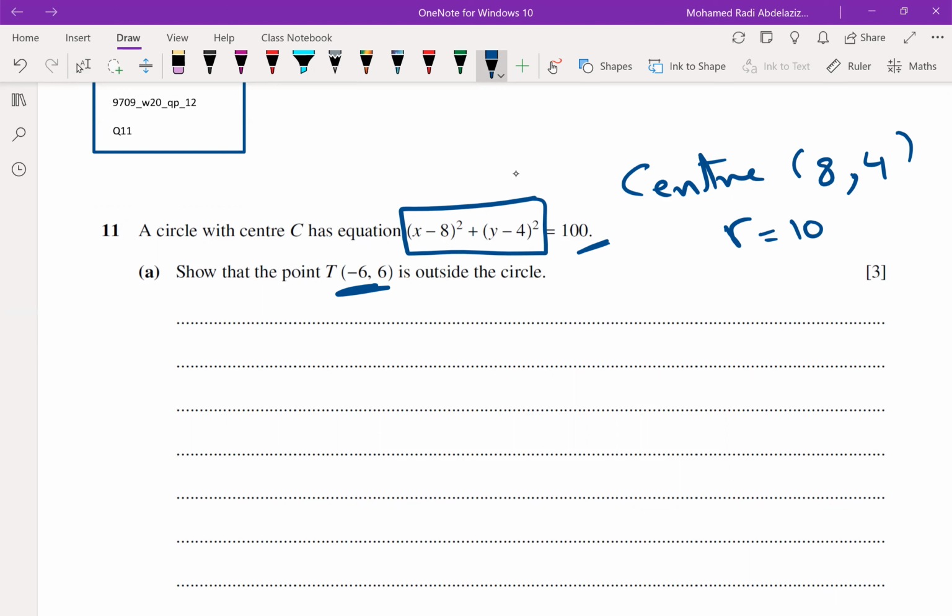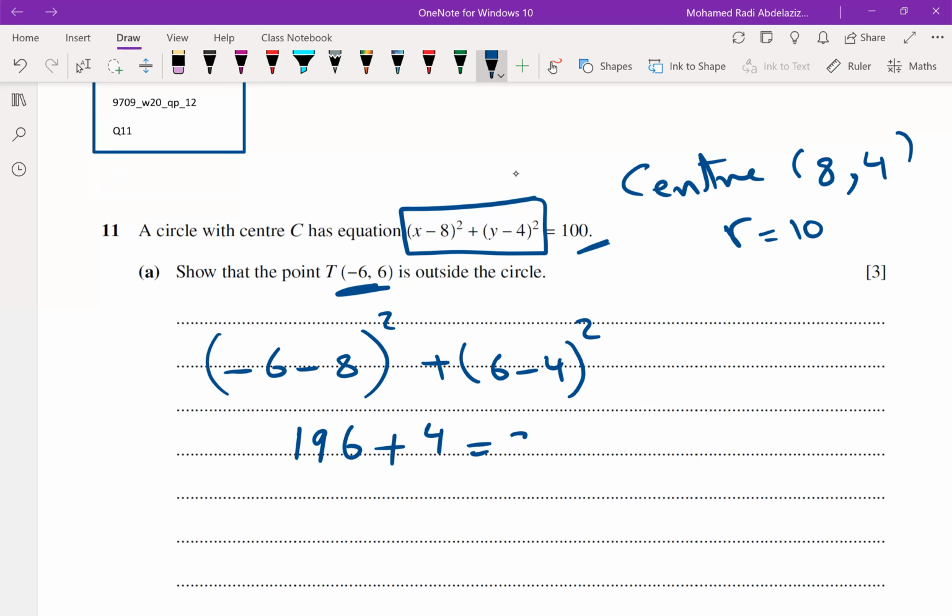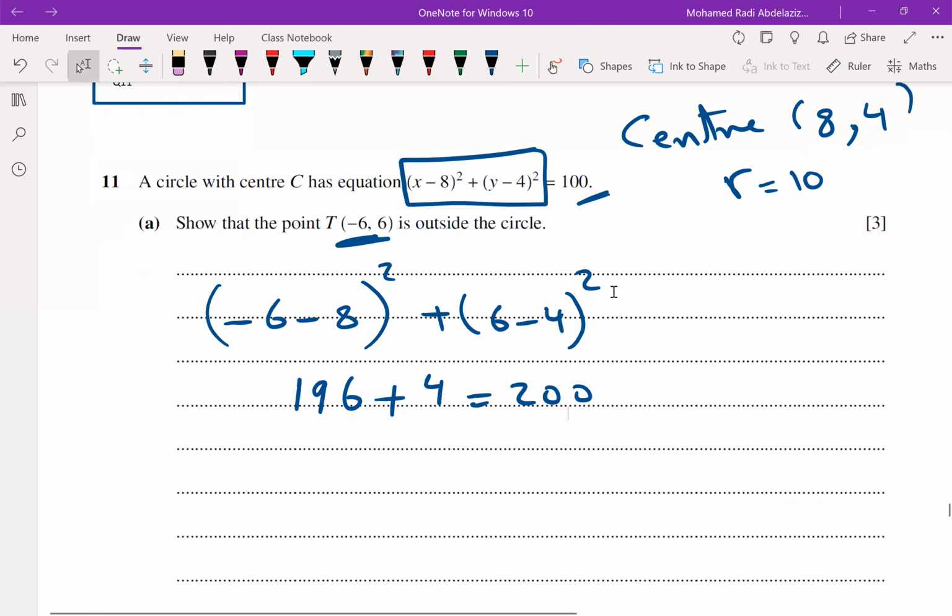So by substituting, -6 minus 8, the whole squared, plus 6 minus 4, all squared. -6 minus 8 is -14, squared is 196, plus 6 minus 4 is 2, squared is 4, so the total will be 200. 200 is more than 100.